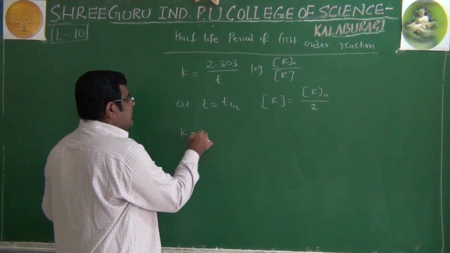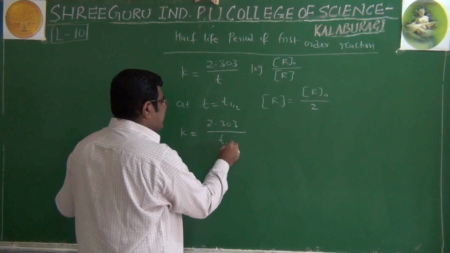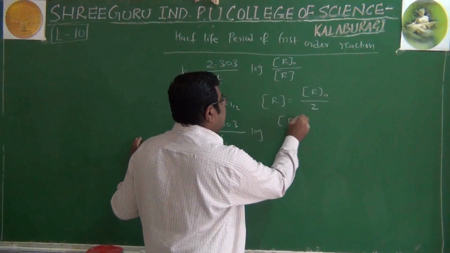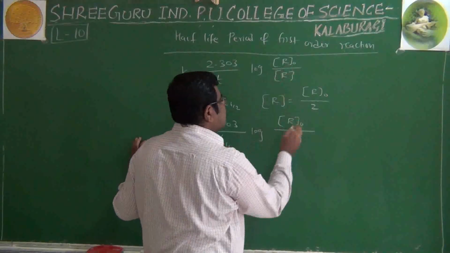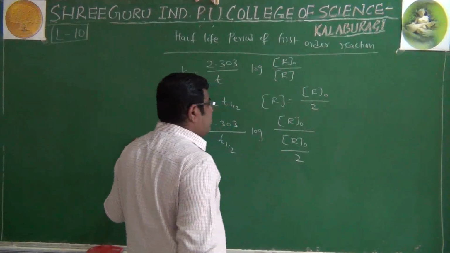We can write this as k equals 2.303 by t, where t is replaced by t half, log of the initial molar concentration divided by initial molar concentration by 2.